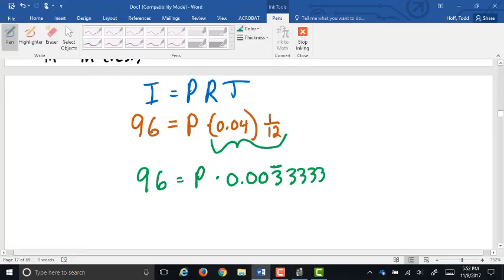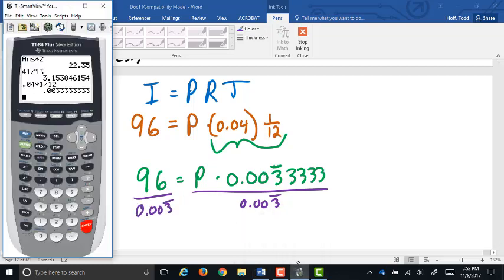To solve this equation, what's going to be my next step? Perfect. I divide by that 0.00333 repeating. So here's what I'm going to do. In my calculator, I'm going to type in 96 divided by, and most of your calculators at least should have an answer key on it. It's right next to your equal sign, there's the negative key.